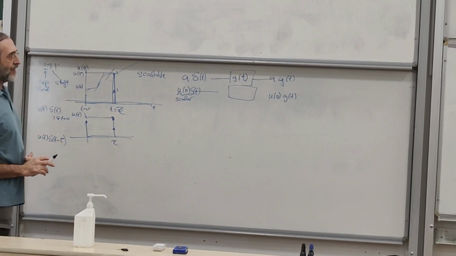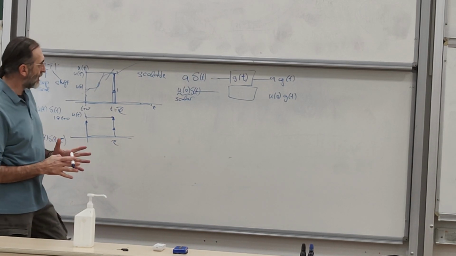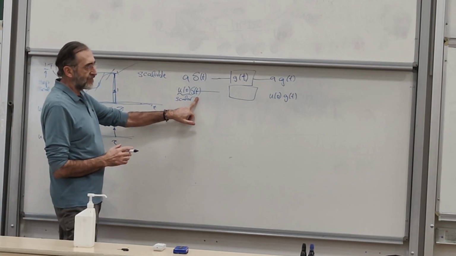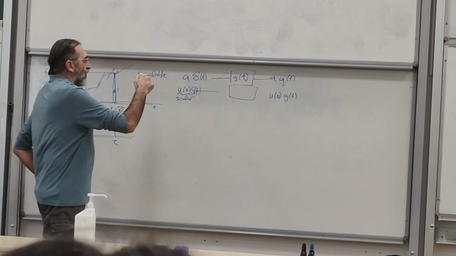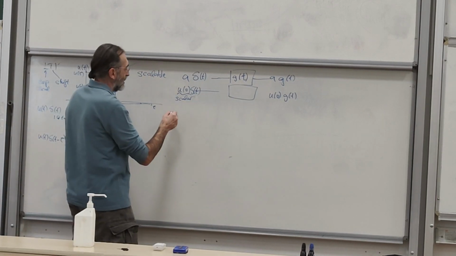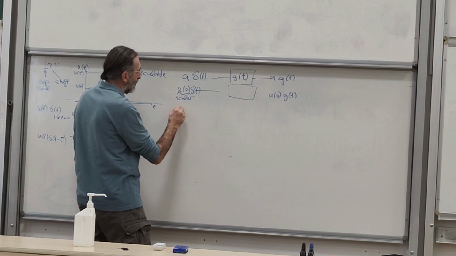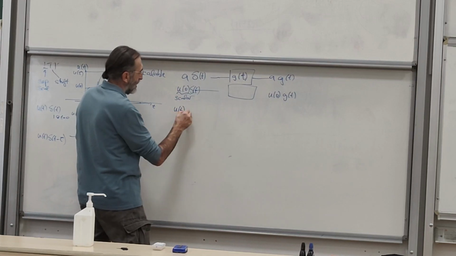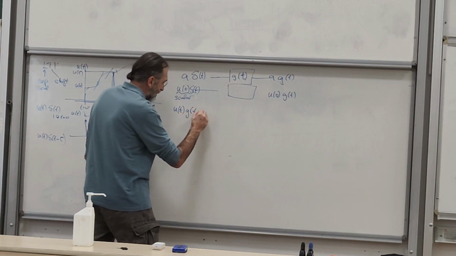The trick to this is when I do the time shift. When I do the time shift, I'm going to have U of T times G of T minus tau.